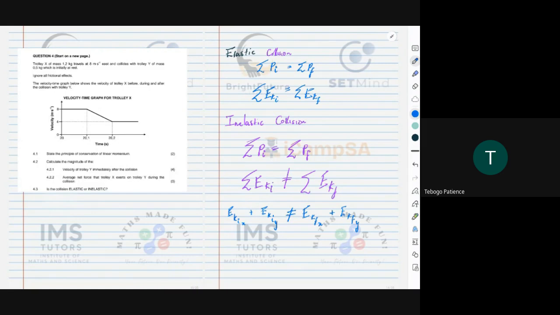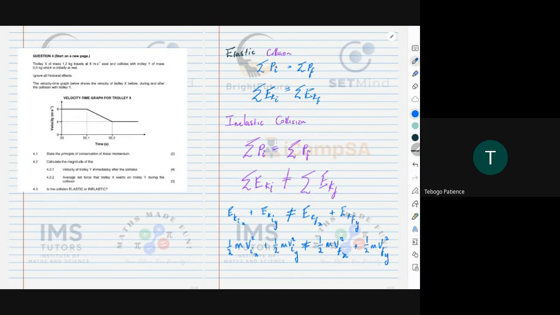This is going to be your reasoning, or that's how you're going to choose which answer is which. So 1 over 2 m v i squared for x plus 1 over 2 m v i squared for y must not equal 1 over 2 m v f of x squared plus 1 over 2 m v f of y squared.